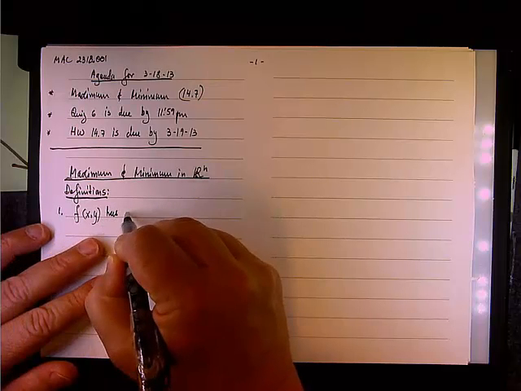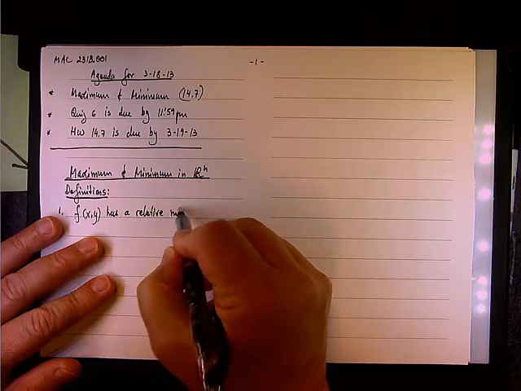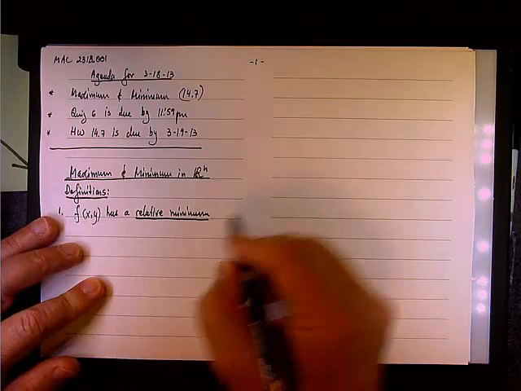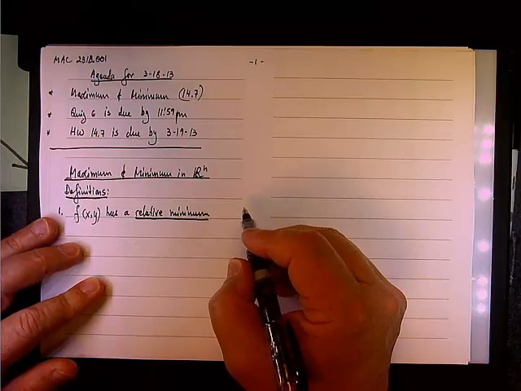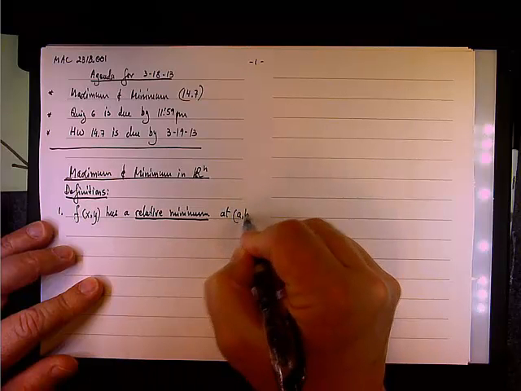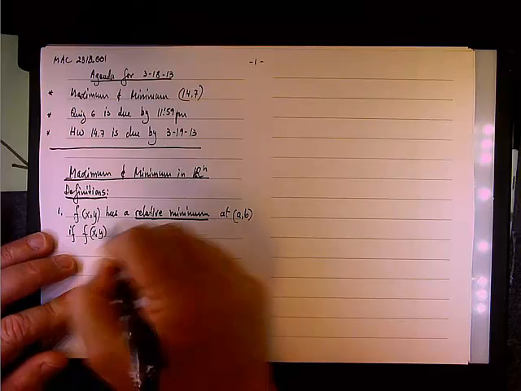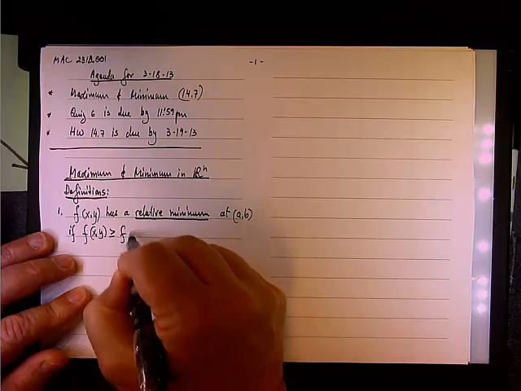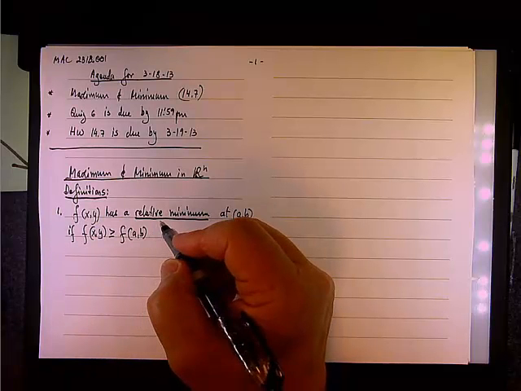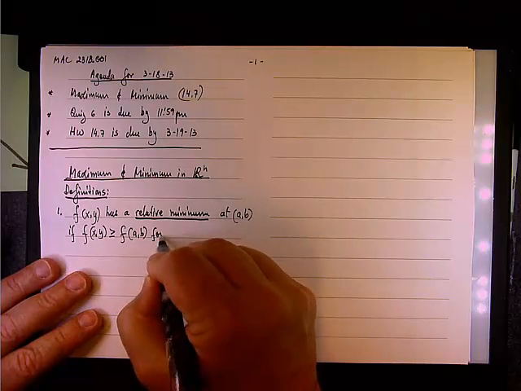We're going to say that this function has a relative minimum at, since we're dealing with x, y, the point a, b, if f of x, y is greater than or equal to f of a, b for all points inside a certain disk centered at a, b.